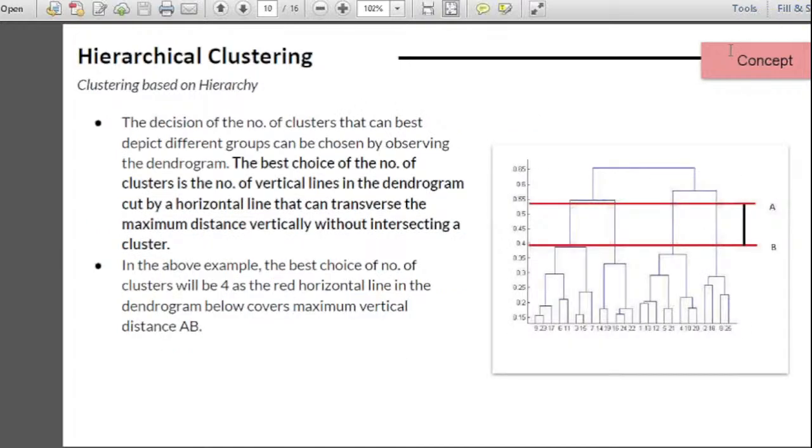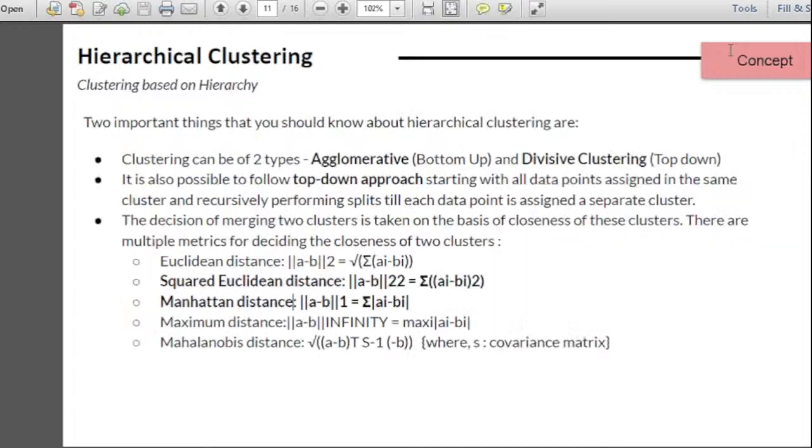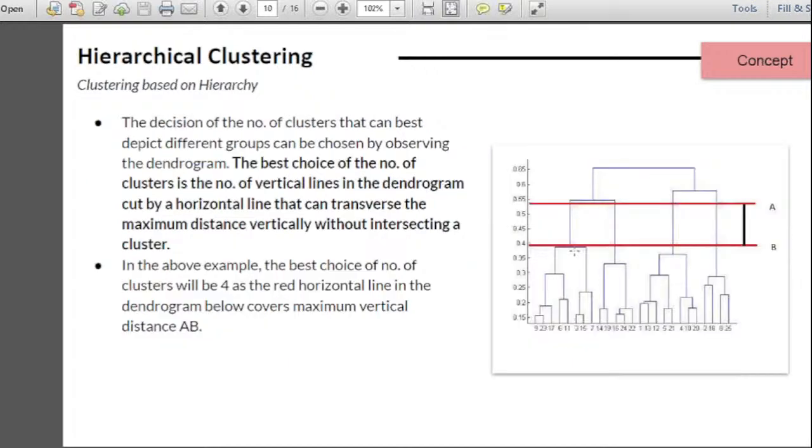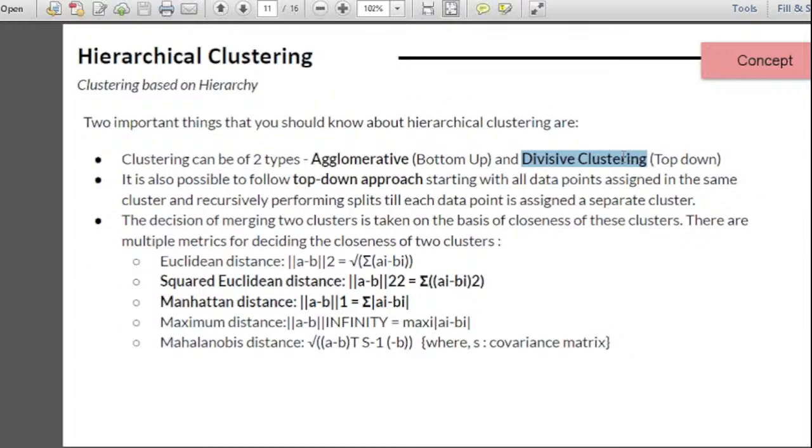Hierarchical clustering, how the algorithm runs at the back end. Okay. Two important things you should know about hierarchical clustering. There are two types of hierarchical clustering: agglomerative, bottom up. Like what I showed you was agglomerative clustering. And then you have divisive clustering which is top down.